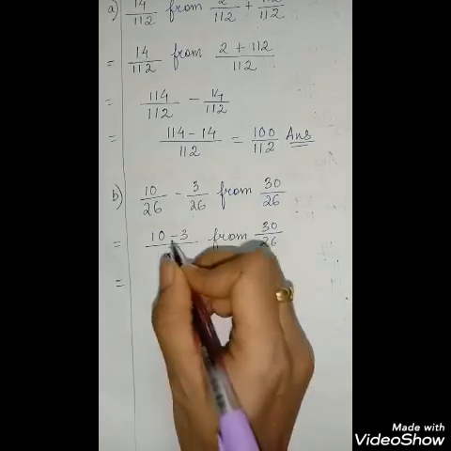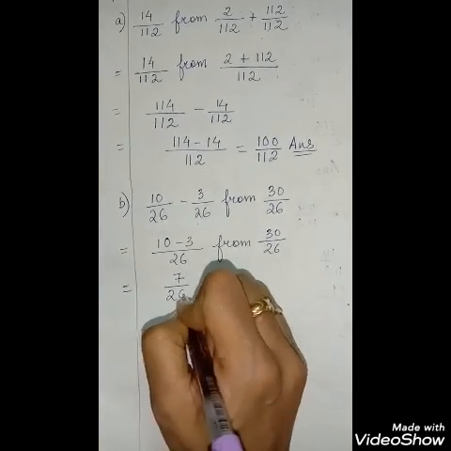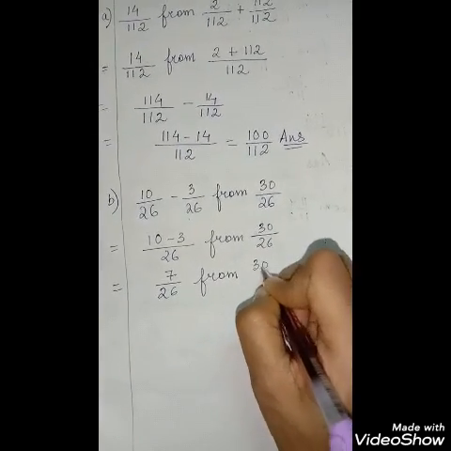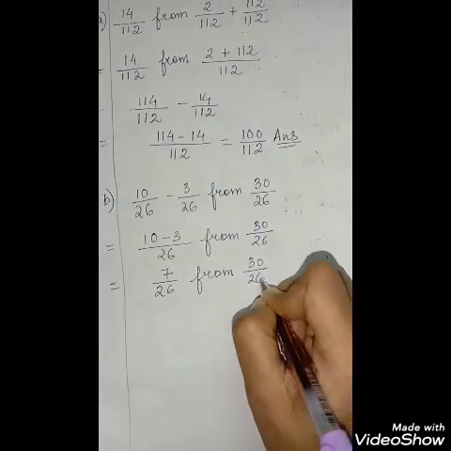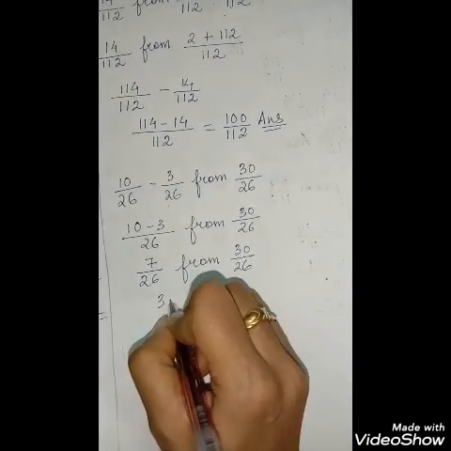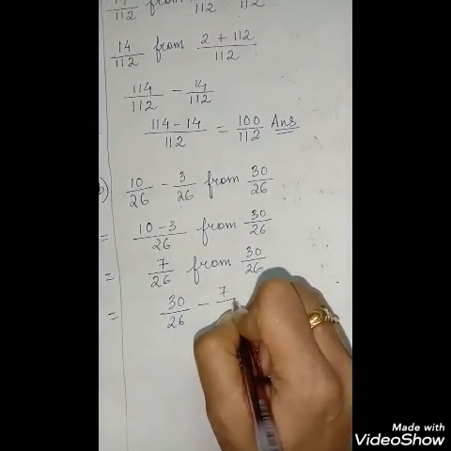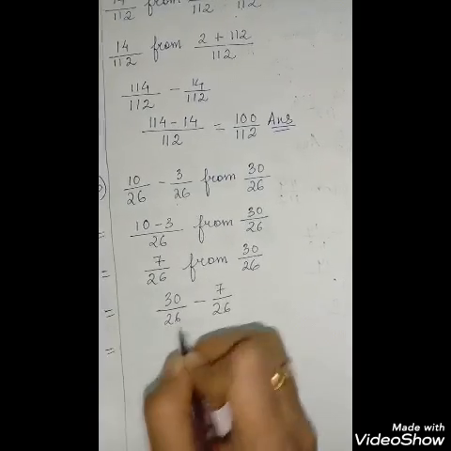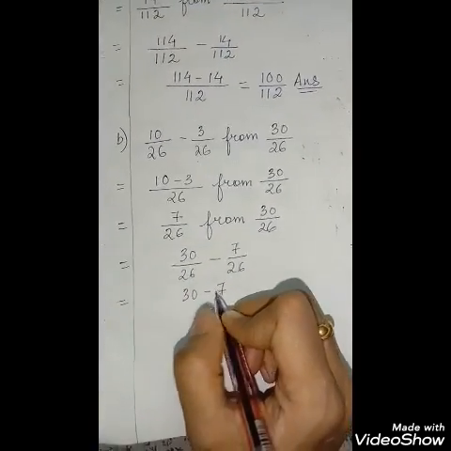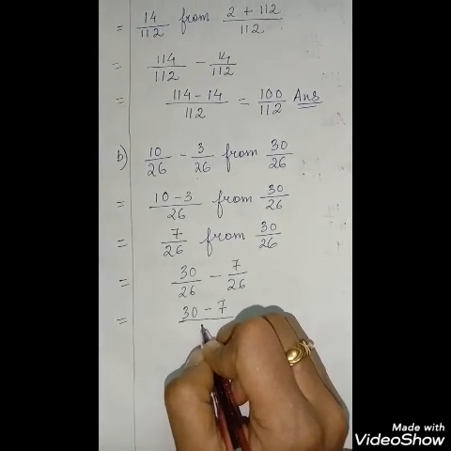Now 10 minus 3 is how much, children? 7. So 7 by 26, you have to subtract it from 30 by 26. So 30 by 26 minus 7 by 26. We subtract only the numerators because the denominators are the same. It's a like fraction.